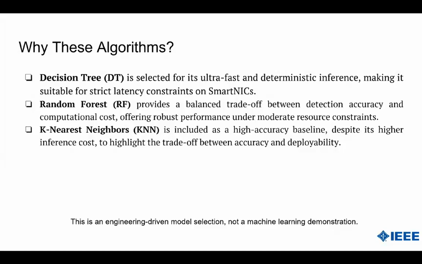K-nearest neighbor, KNN, is included as the highest-accuracy baseline despite its higher inference cost, highlighting the trade-off between accuracy and deployability. Model selection is driven by deployment needs.